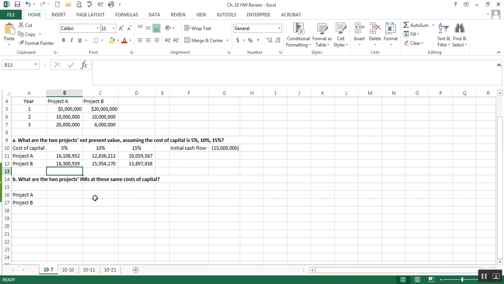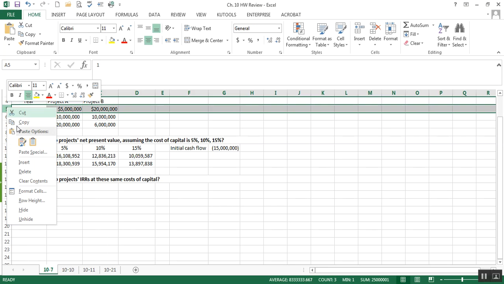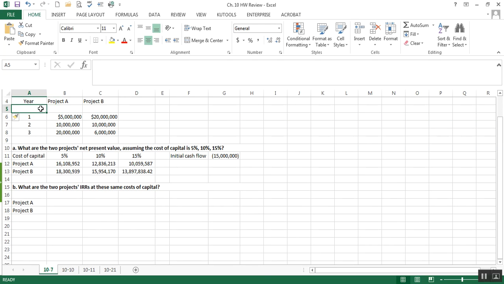What are the two projects' IRRs at the same cost of capital? We would use the IRR formula, and we're going to actually put in our initial cash flow here. So we'll put in negative 15 million for both projects.